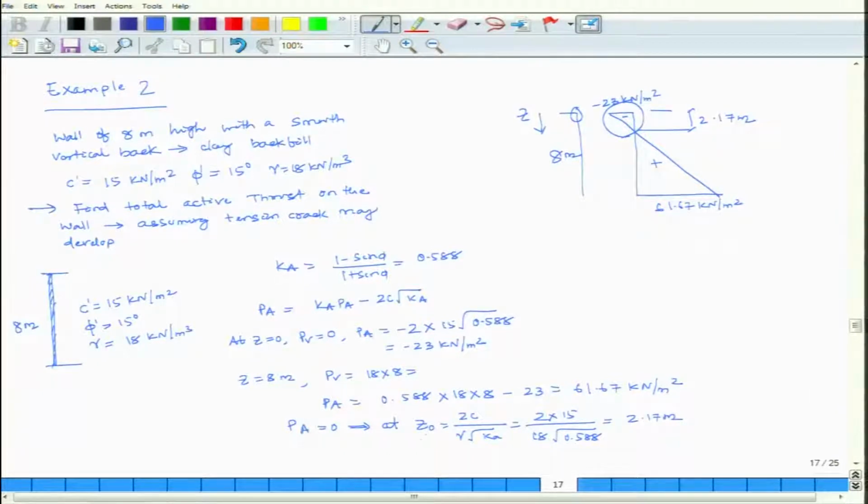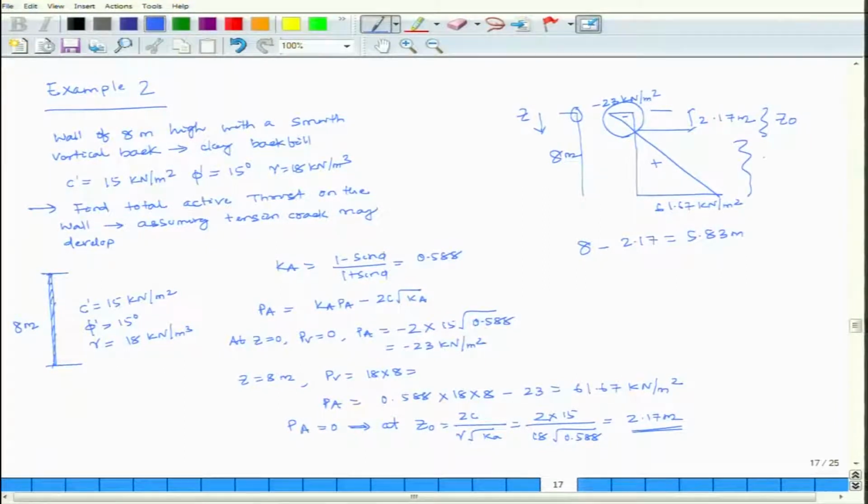So, Pa is equal to 0, that means at Z0, this is my Z0, which is equal to 2c by gamma into root over of Ka, which is equal to 2.17 meter. Now, if I calculate the total active earth thrust, it will be 8 minus 2.17, which is equal to 5.83 meter.